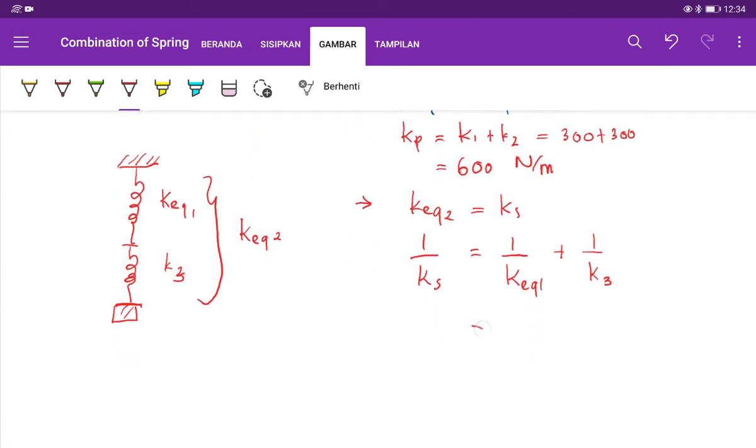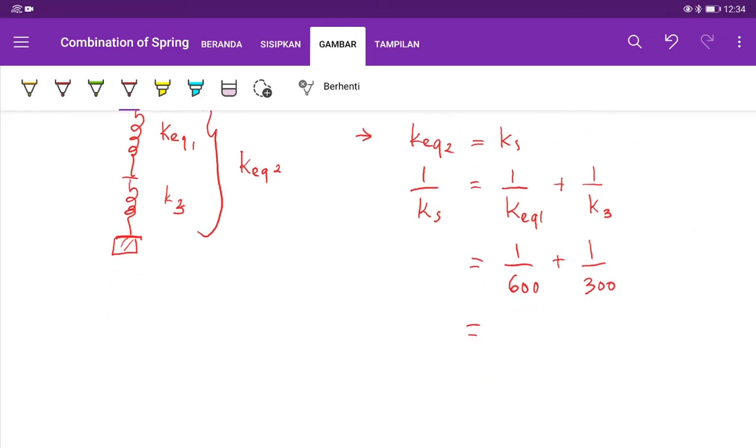Alright, so we take the result from the equivalent one, which is 600. 1 per 600 plus 1 per 300. So it's going to be easy. We choose the denominator 600, and 600 divided by 600 is 1, and 600 divided by 300 is 2.